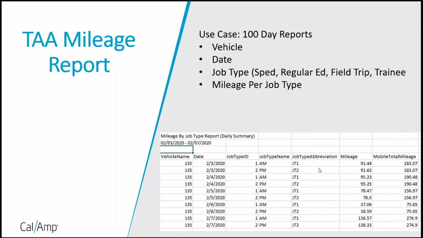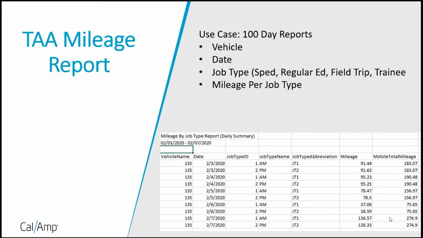If you look at this example of 135, it says job type AM and PM. The AM route is doing 91.44 miles and the PM route is doing 91.63 miles. So it might be important to see if there is a difference in your miles between the AM or PM, or between your SPED and regular ed for the job type that day.